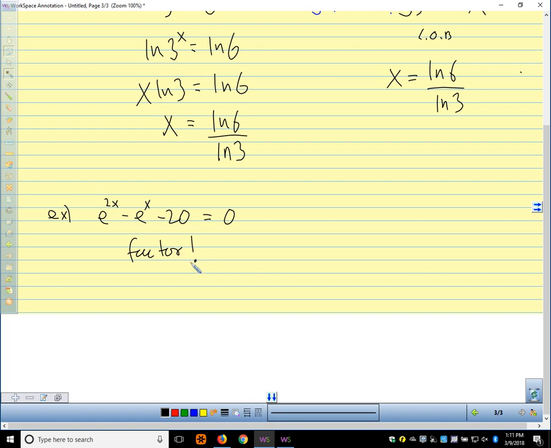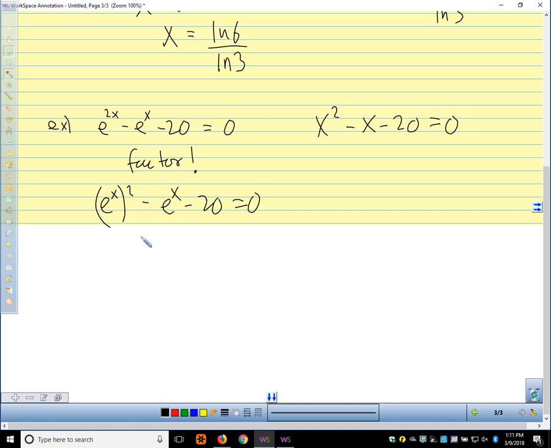This is exactly like we would solve x^2 - x - 20 = 0, except instead of x, we have e^x. We can think of this as (e^x)^2 - e^x - 20 = 0. So how are we going to factor this? e^x and e^x.